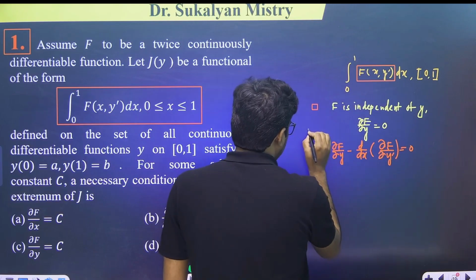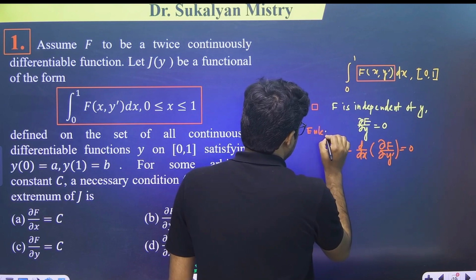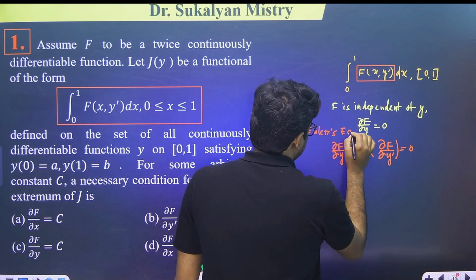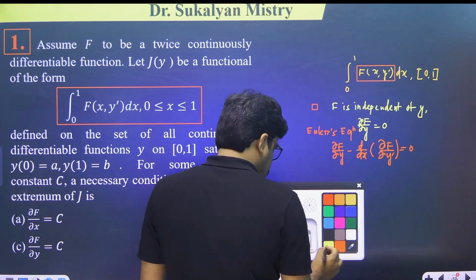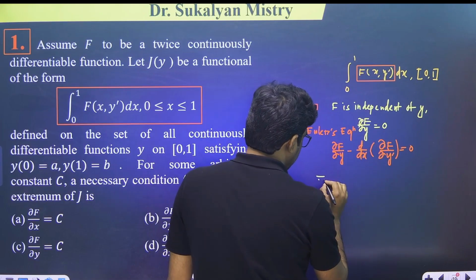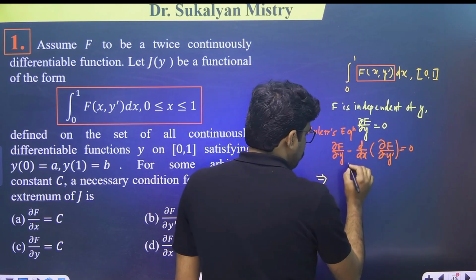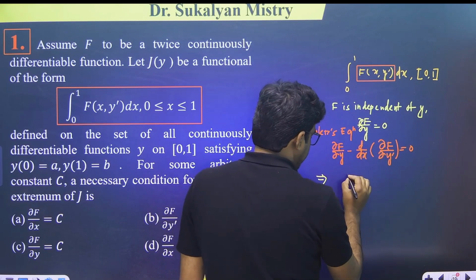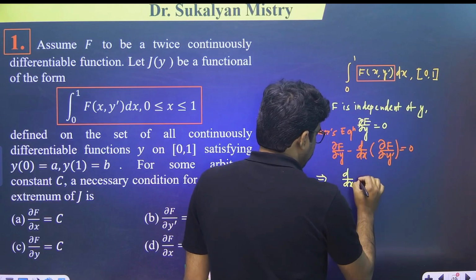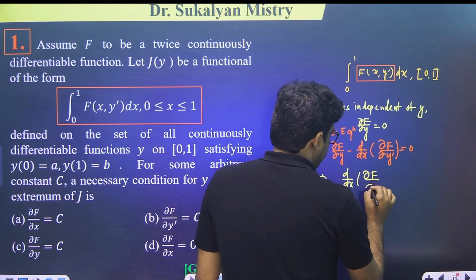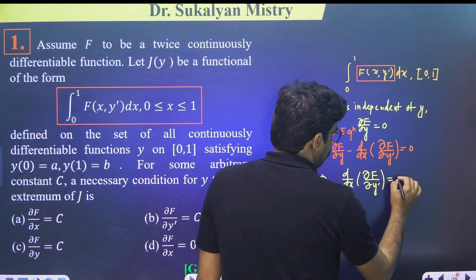So this is the Euler's equation. So Euler's equation becomes del f/del y equal to 0. That means minus d/dx of del f/del y dashed is 0.